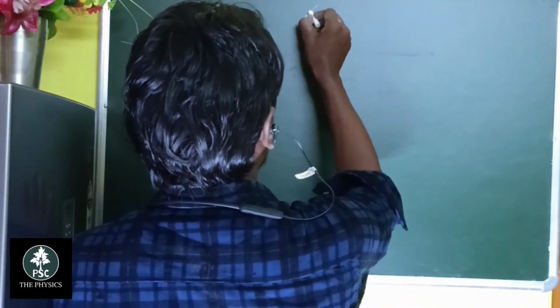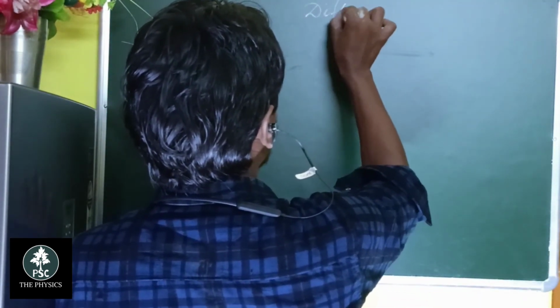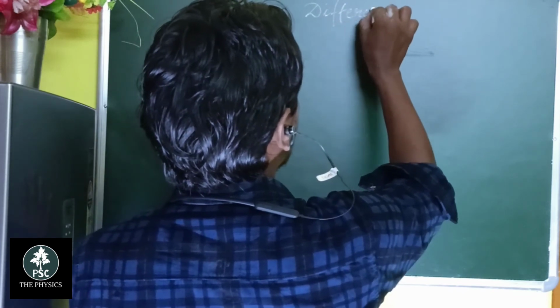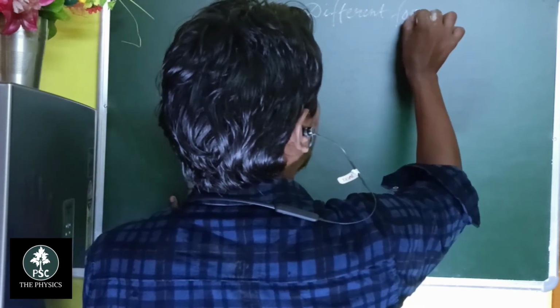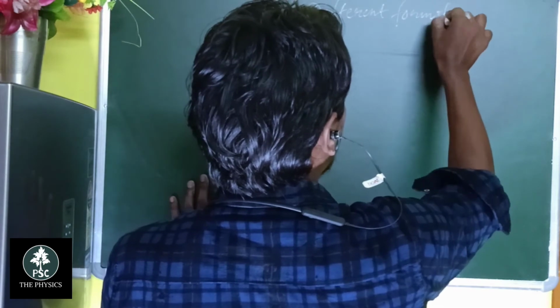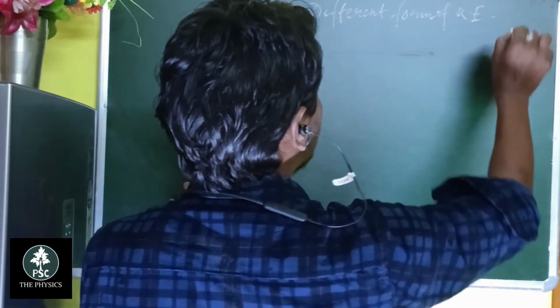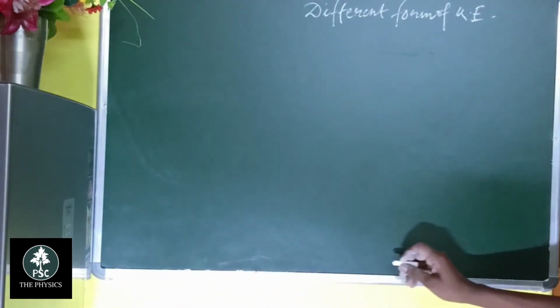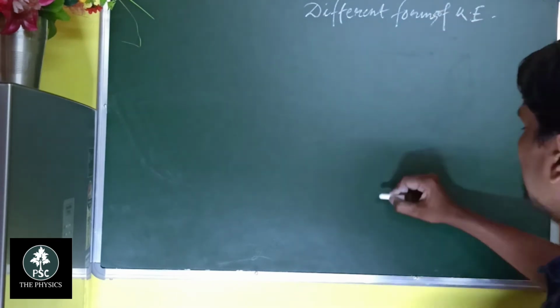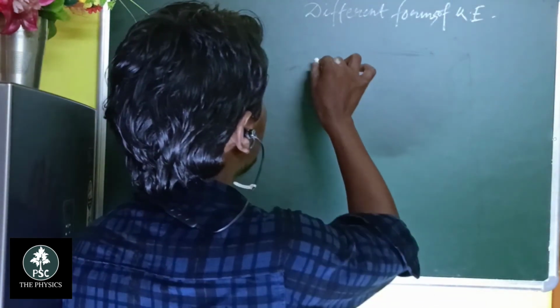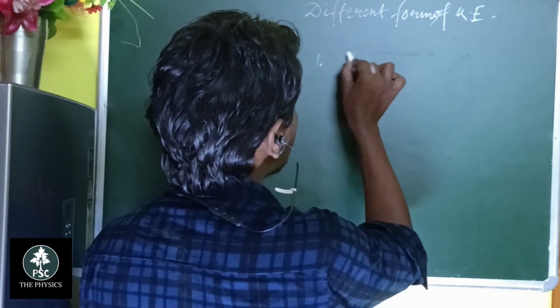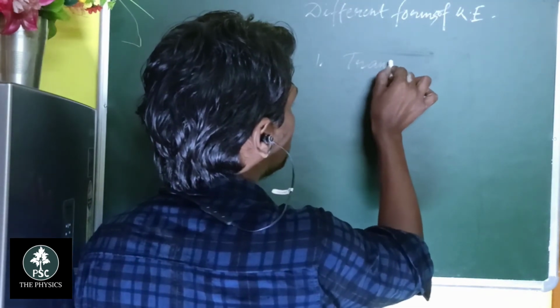Different forms of kinetic energy. What are the different forms of kinetic energy? The first one is translational kinetic energy.